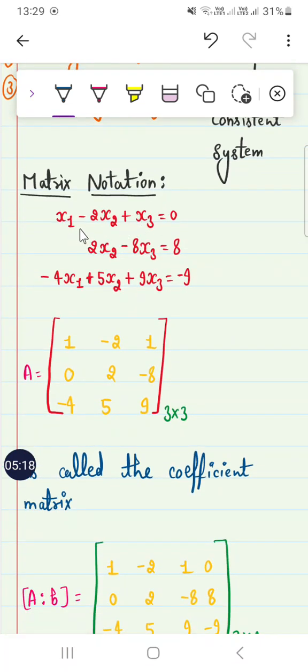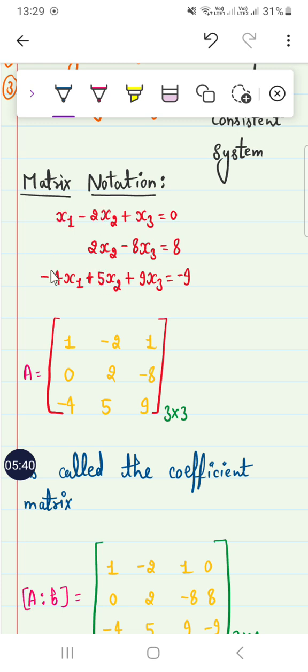Firstly, we have taken this linear equation, second is this, and third is this, right? Now, how to write it in matrix form? Because it is a very tough way to solve the linear equations for x1, x2, x3 and find what is x1, x2 and x3, right?